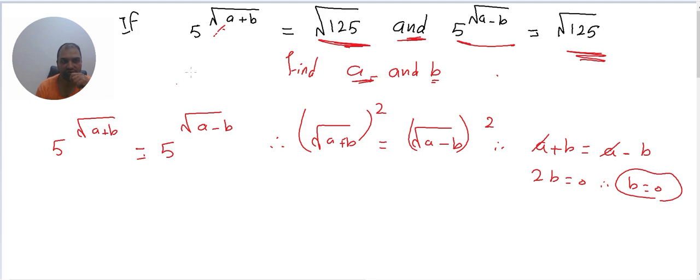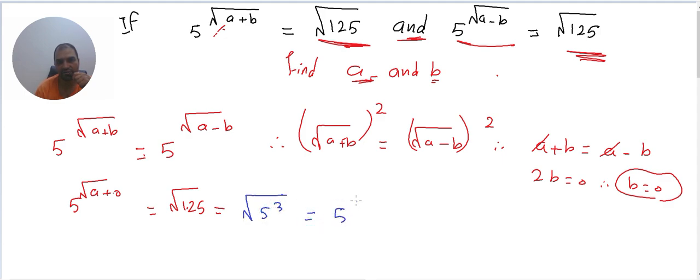Then we can put the value here: 5 power square root of a, since b was 0, is equivalent to square root of 125. 125 is 5^3, so the square root of it will be 5 power 3 over 2.